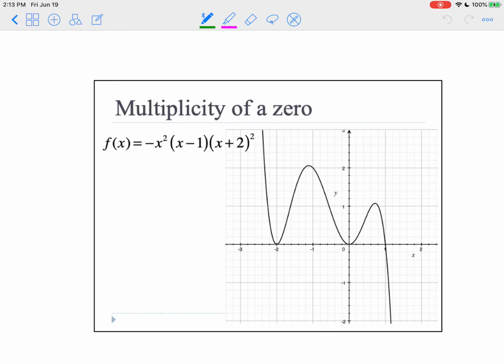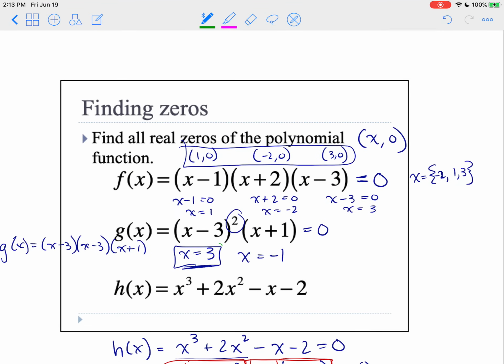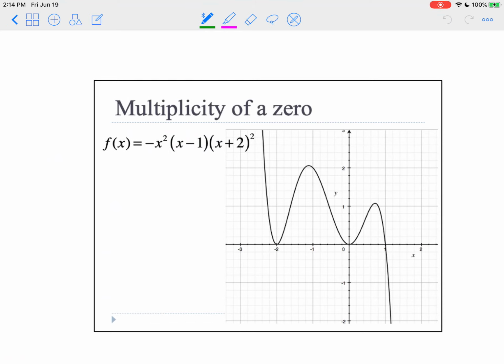All right. So, in the last example, I talked about this problem where 3 occurred more than once, and that's the multiplicity. Now, you can tell the multiplicity if you're in factored form and you have an exponent. The multiplicity is that exponent. So zero is a root of this polynomial. It's an x-intercept.